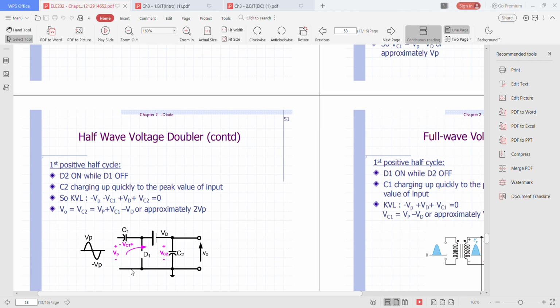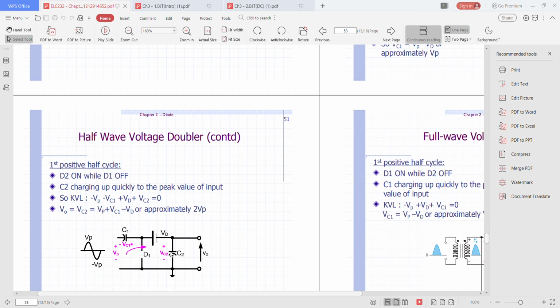Alright, so during this cycle, your Vout will be the voltage at the terminal Vc2, where Vc2 will be equal or approximately equal to 2Vp if diode D2 is an ideal diode. Okay, so this is the equation involved.